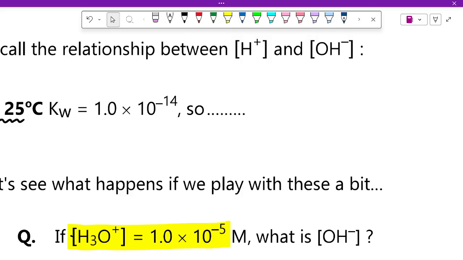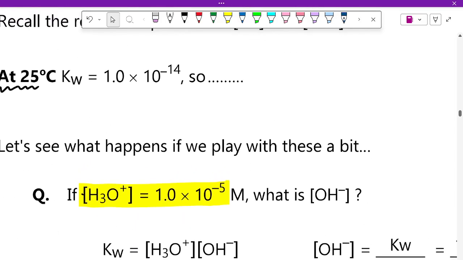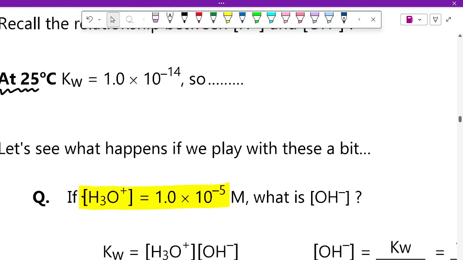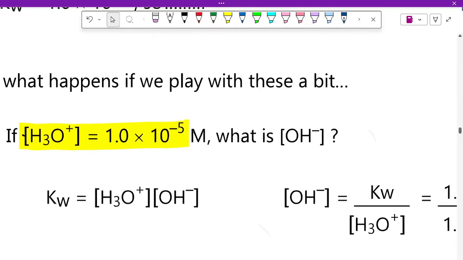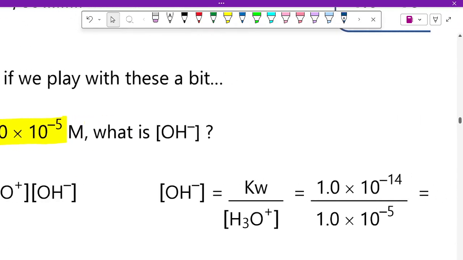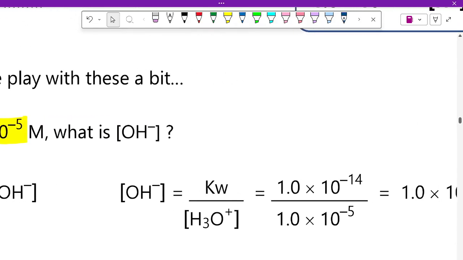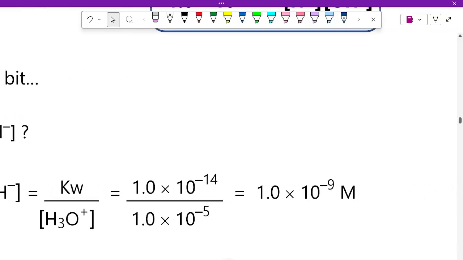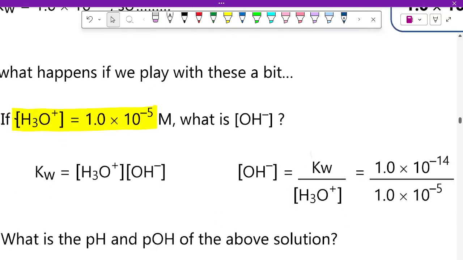Which is 1 times 10 to the negative 9. You can do it in your head because they are just powers of 10, but you could also do the work: 1 times 10 to the negative 14 divided by 1 times 10 to the negative 5 gives 1 times 10 to the negative 9.